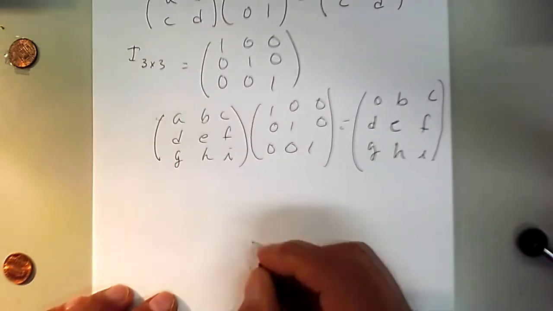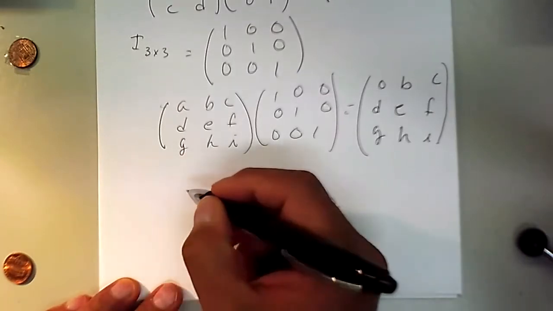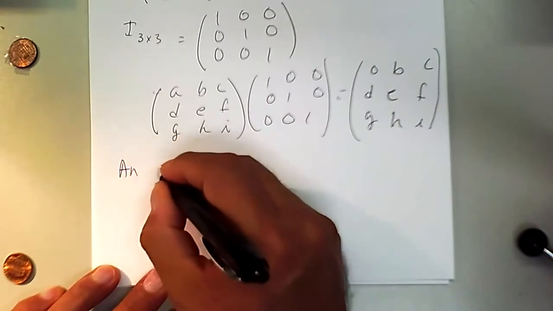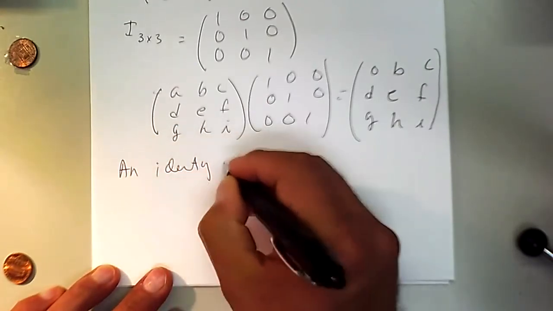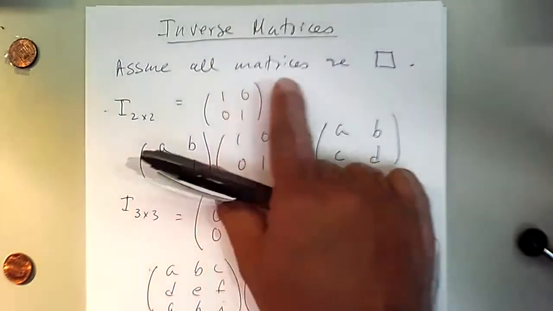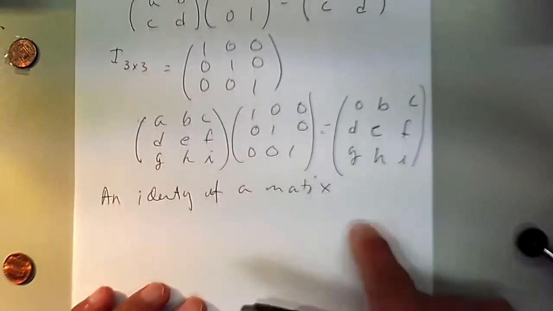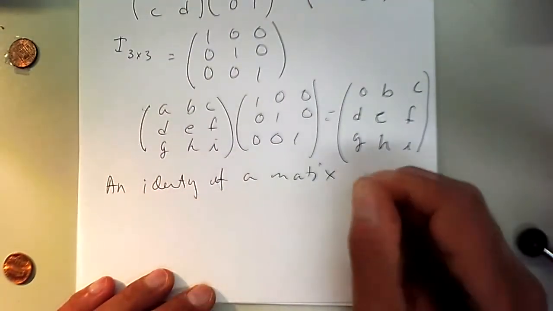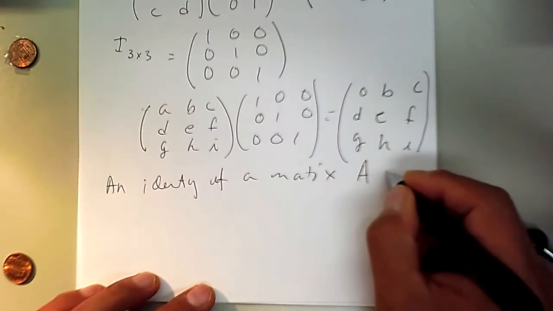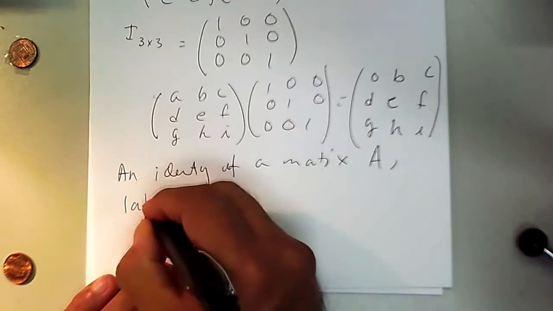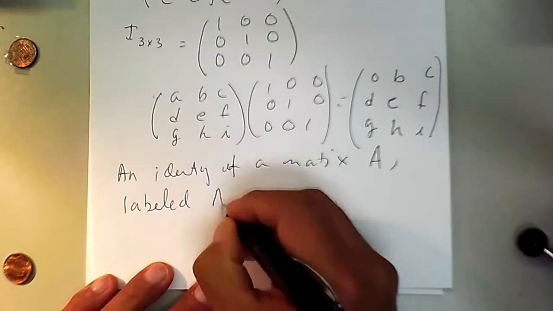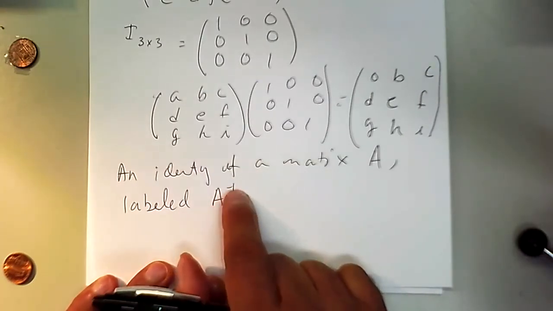Okay, so now we can define the inverse. The inverse of a matrix A, and we're assuming that all our matrices are square, is labeled like so, with a -1 as the exponent.